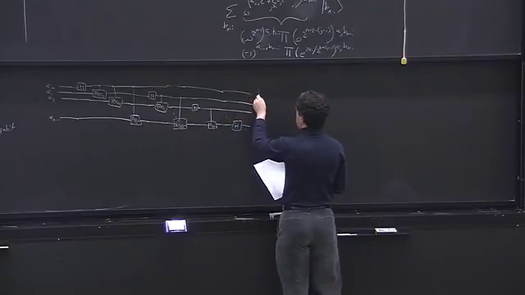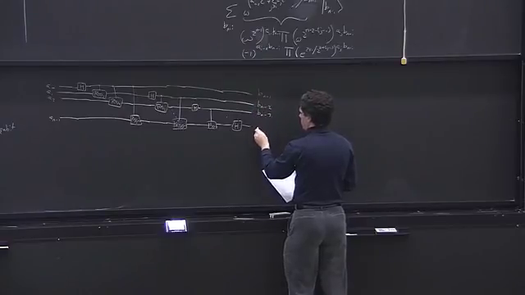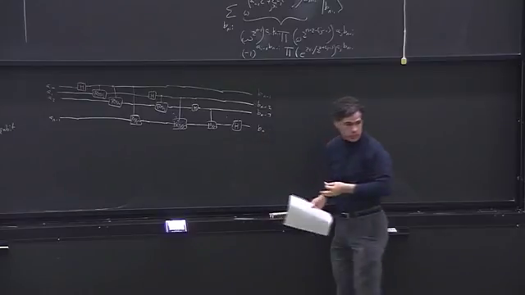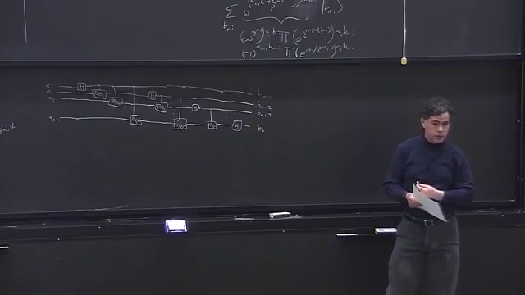And the output we get is Bn minus 1, Bn minus 2, Bn minus 3, down to B0. Okay? So does that make sense?